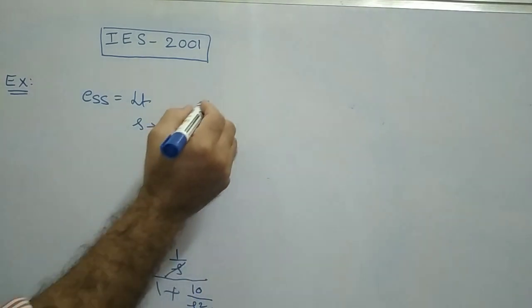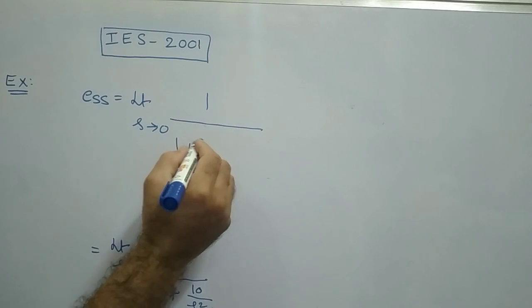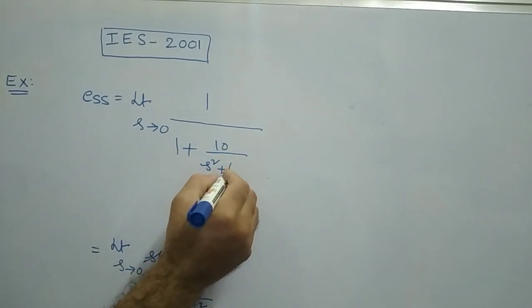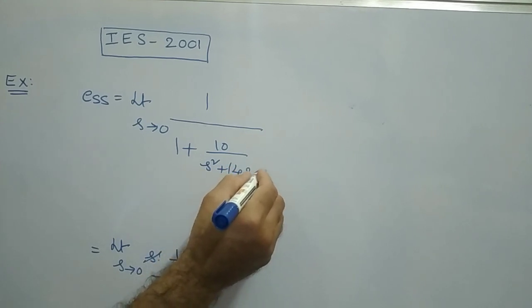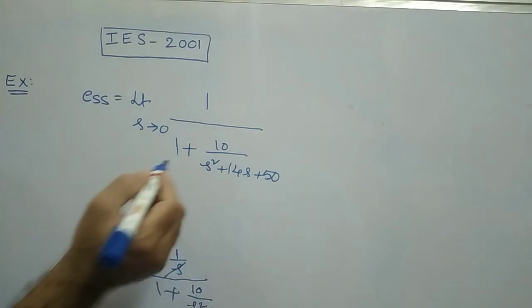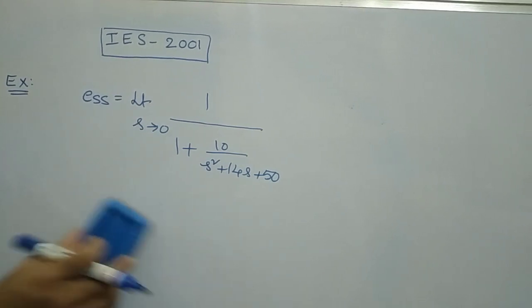Already s is cancelled out, therefore 1 by 1 plus 10 by s square plus 14s plus 50. This is what, no? Clear? So what you will get then? What you will get here? Substitute s tends to 0 here.